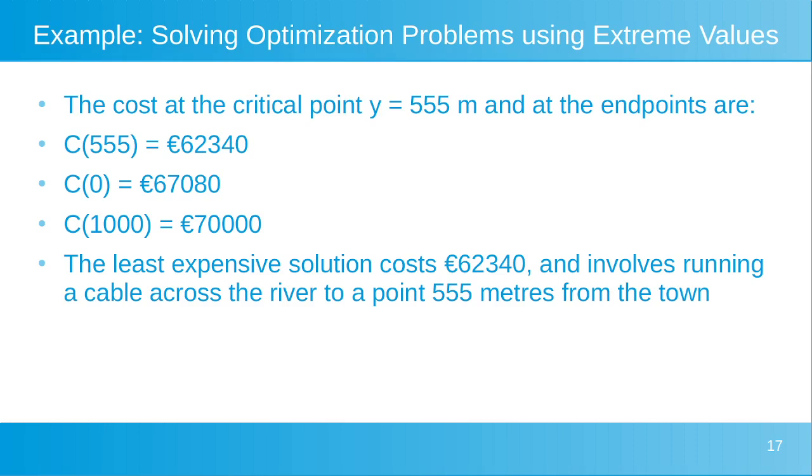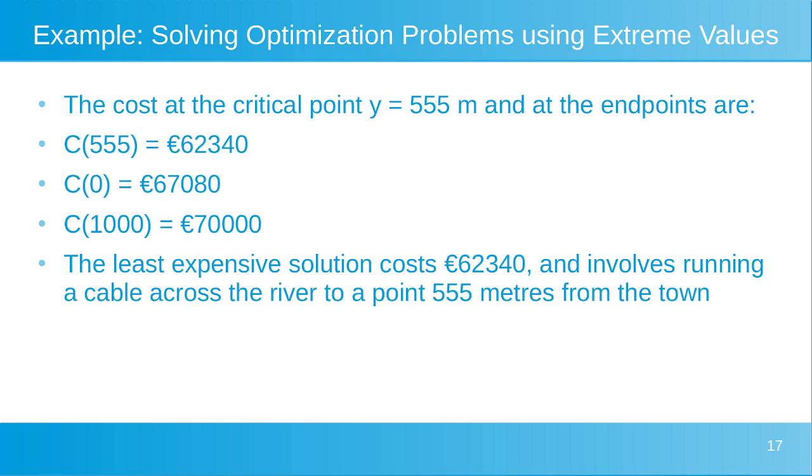So that was our route going straight from the power station to the town, straight under the river. And our cost where y is equal to 1,000, taking that minimum underwater route that we looked at first, corresponds to 70,000 euros. So, having investigated it, the least expensive solution costs 62,340 euros, and it involves running a cable across the river to a point 555 meters from the town.